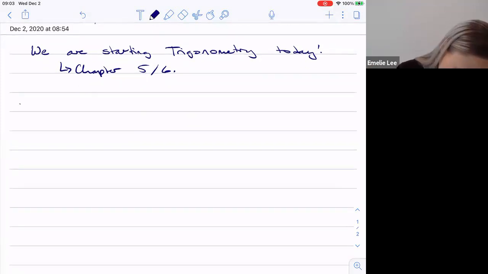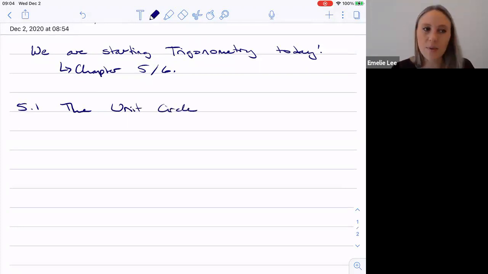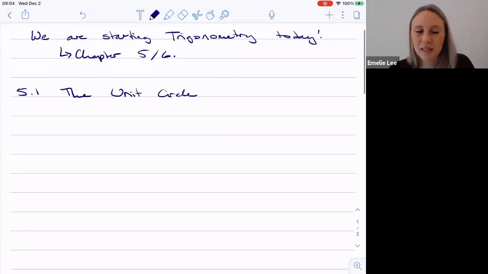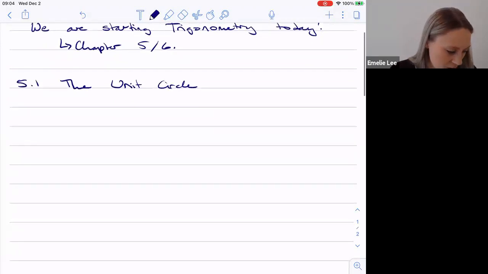Okie dokie. Section 5.1, we're going to talk just briefly about the unit circle. We need to know just some basic things about the unit circle. So it is a circle, so we know the equation for a circle.